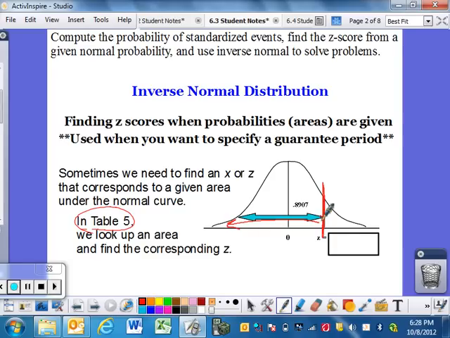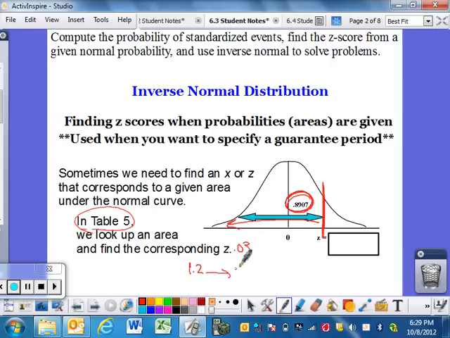What you need to do is just scan through your table, and the more you do this, the easier it's going to be. Find the number that is closest to or right on 0.8907, and since it's the first one, you know it's going to be right on. 0.8907 lines up in the row that's 1.2 and the column at the top that is 0.03.